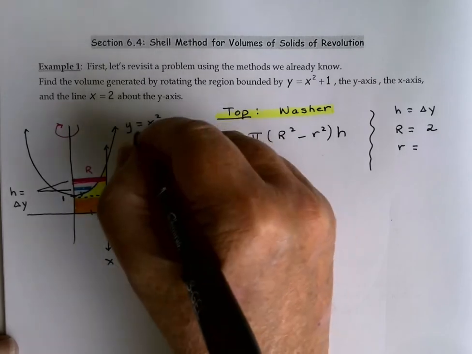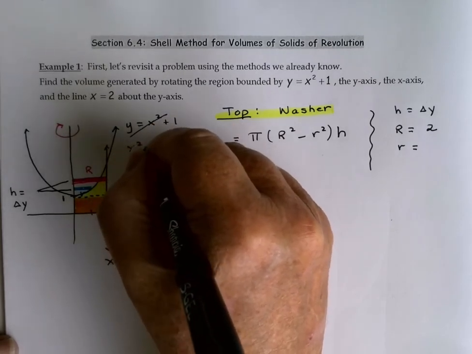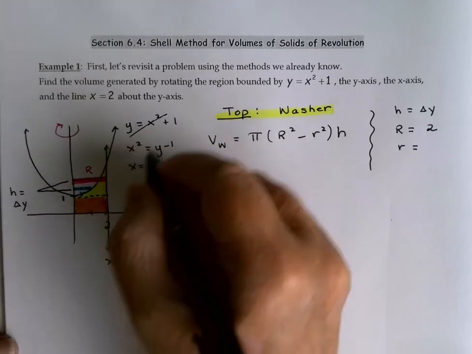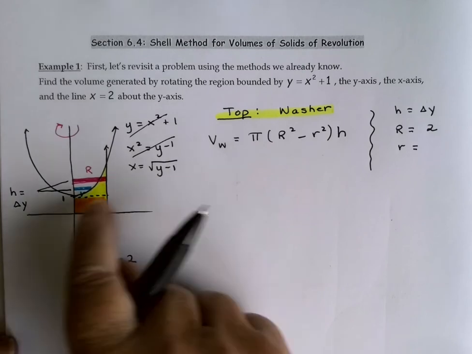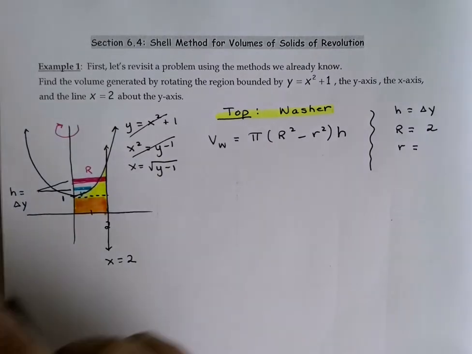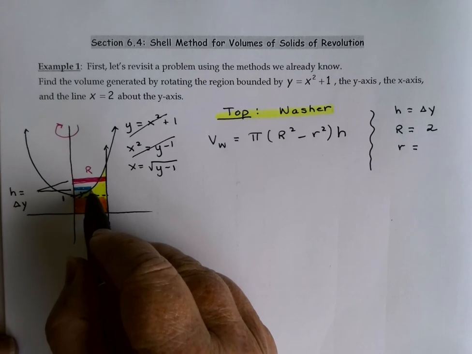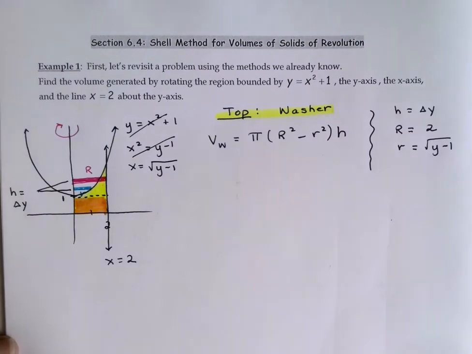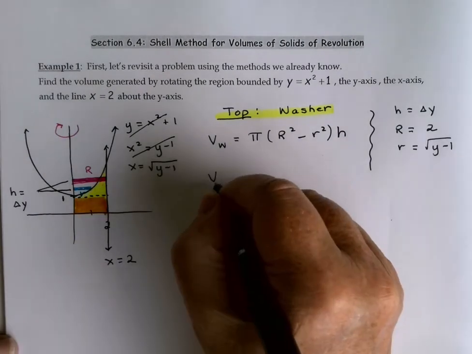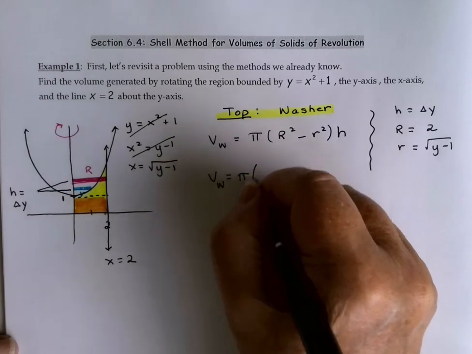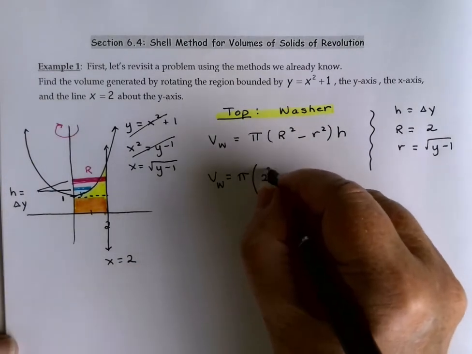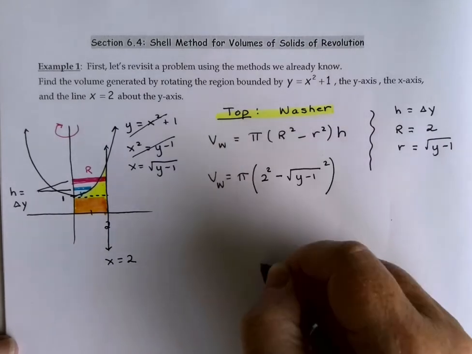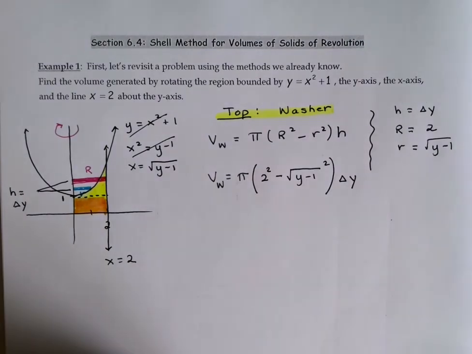So I'm going to think of this as, x squared would be y minus 1, and x would be the square root of y minus 1. Positive square root, since I'm in the first quadrant with positive x values. So that small radius is square root of y minus 1, again, technically minus 0. So the volume of my washer is pi times 2 squared minus the square root of y minus 1 squared times delta y.